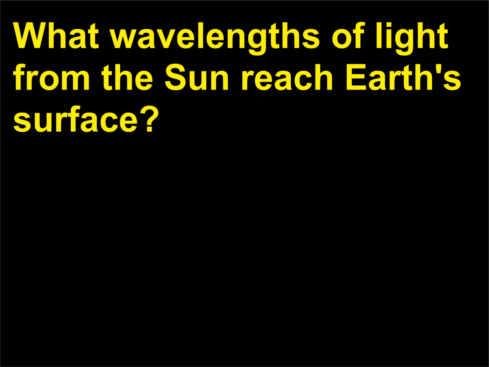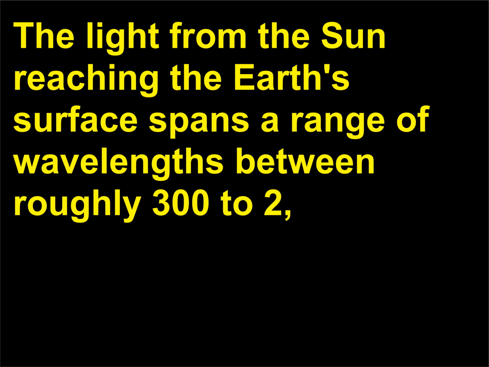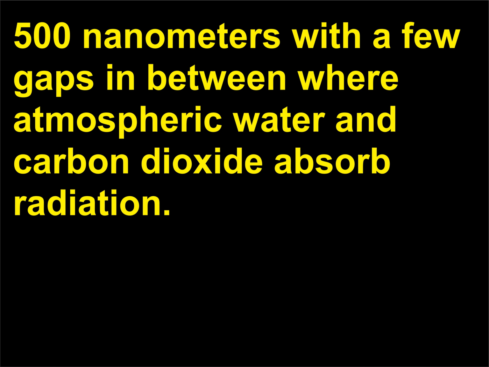What wavelengths of light from the Sun reach Earth's surface? The light from the Sun reaching the Earth's surface spans a range of wavelengths between roughly 300 to 500 nanometers, with a few gaps in between where atmospheric water and carbon dioxide absorb radiation.